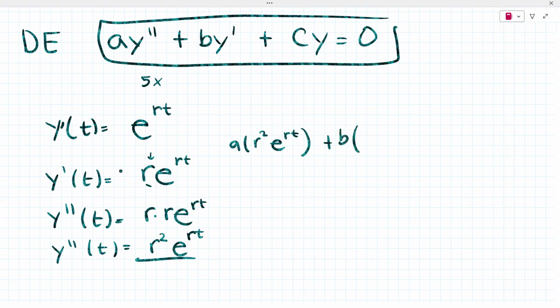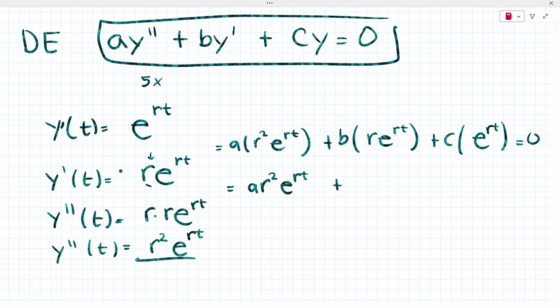So b, my y prime is r e to the rt, plus c times y, which is just e to the rt, equals 0. If you clean this up, this is going to be a r squared e raised to the rt plus b r e raised to the rt plus c e raised to the rt equals 0.